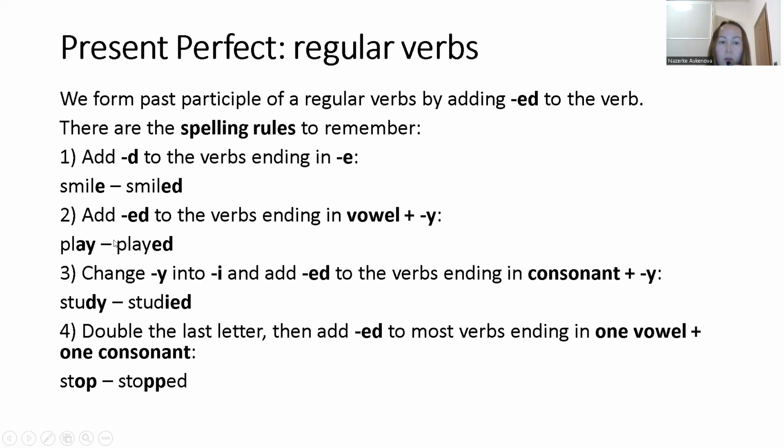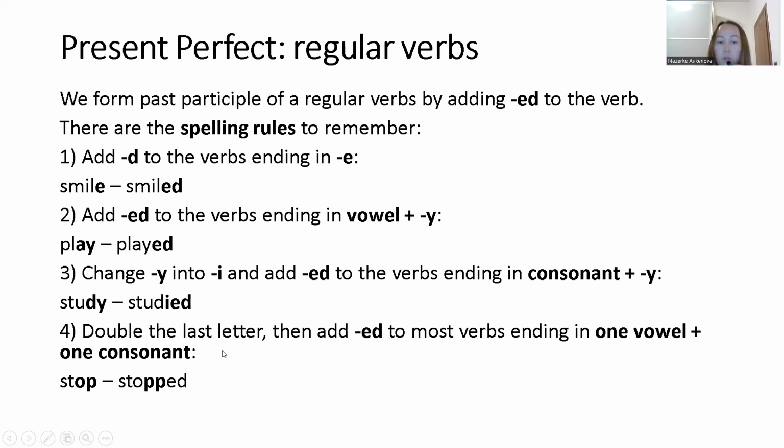We add ed to the verbs ending in vowel plus y. For example, play, played, we only add ed. And then we change y into i and add ed to the verbs ending in consonant plus y. Study, studied. But if it's vowel plus y, we just add ed.